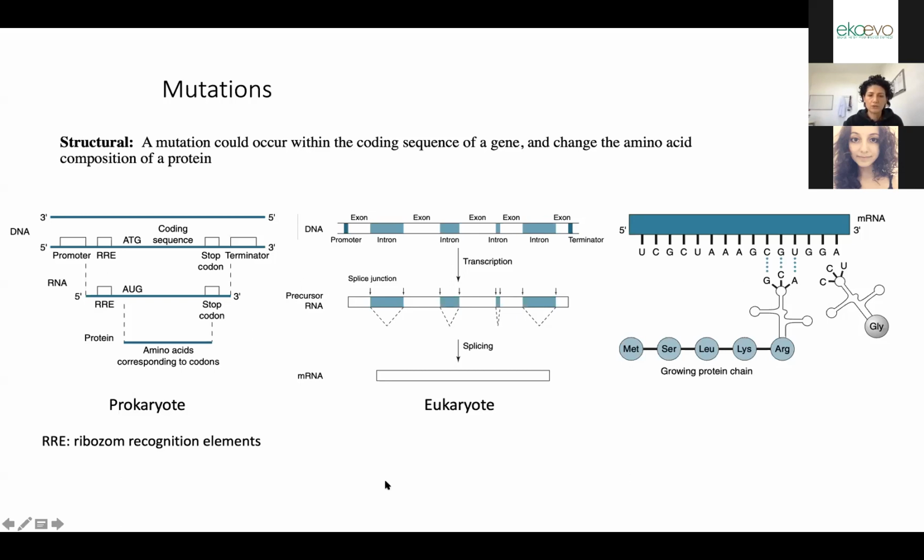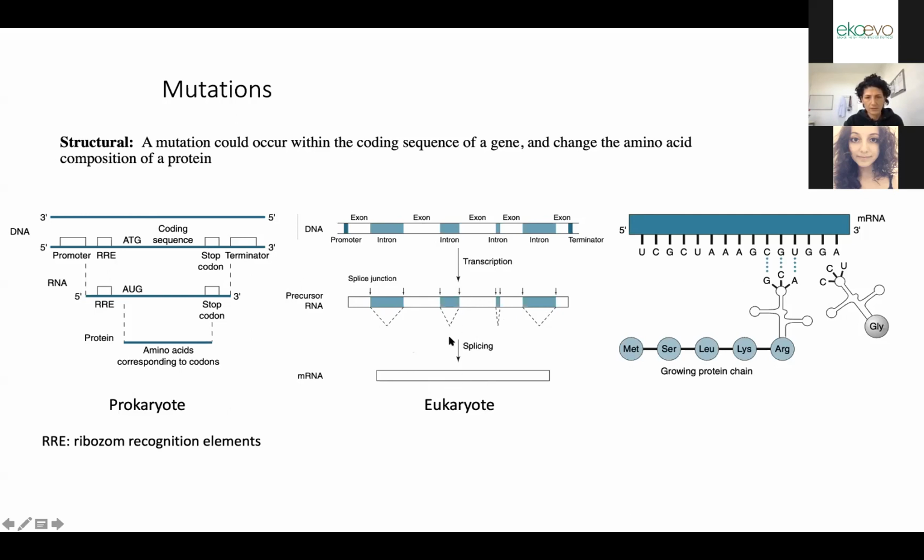This is a prokaryote, this is a eukaryote. As you know, this is just brief information. Prokaryotes have an unfragmented open reading frame. In eukaryotes, we have introns that interrupt the exon sections. After the transcription, we have a maturation process, the splicing of these intron regions. Prokaryotes don't have this process.